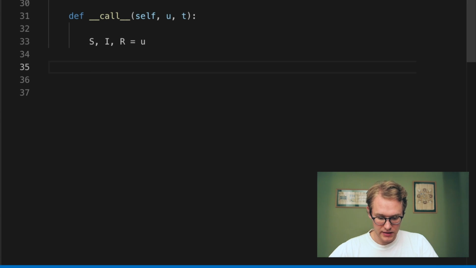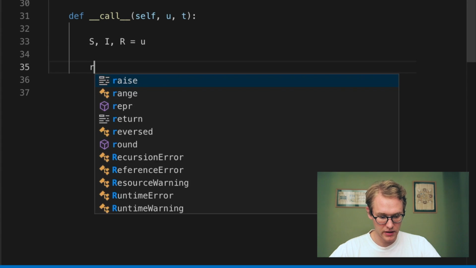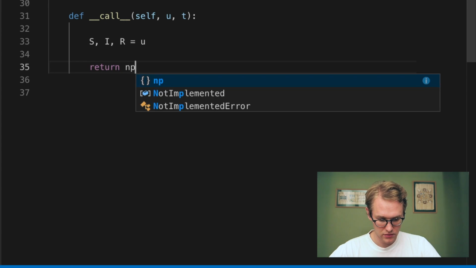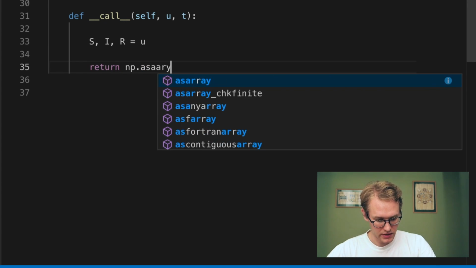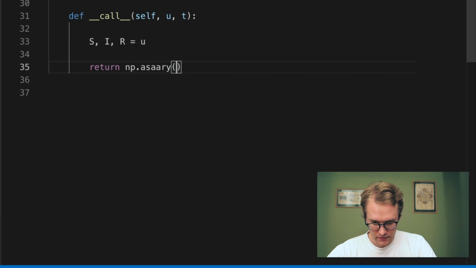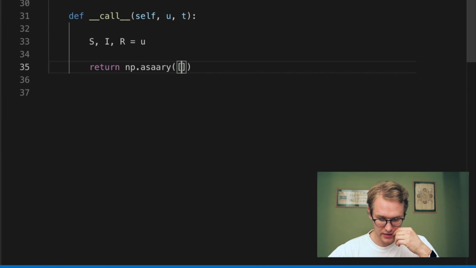And the only thing that this method is supposed to do is to evaluate the function at the current time step. So we'll return that as an array.